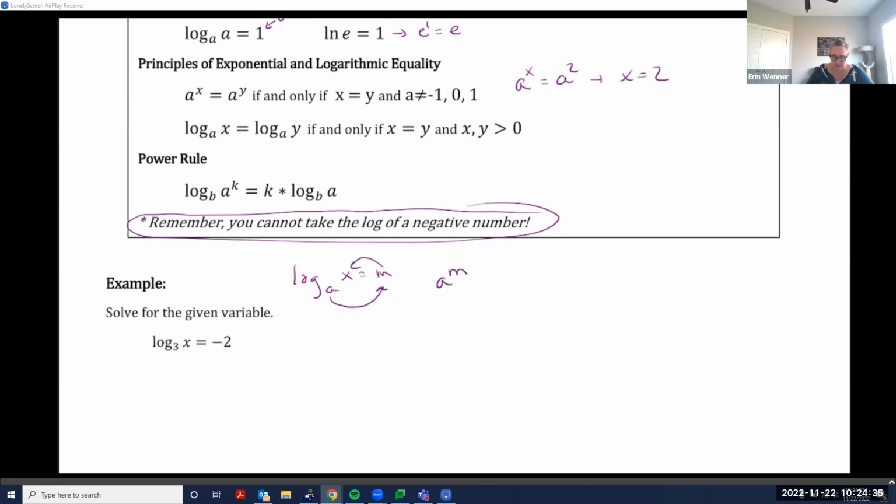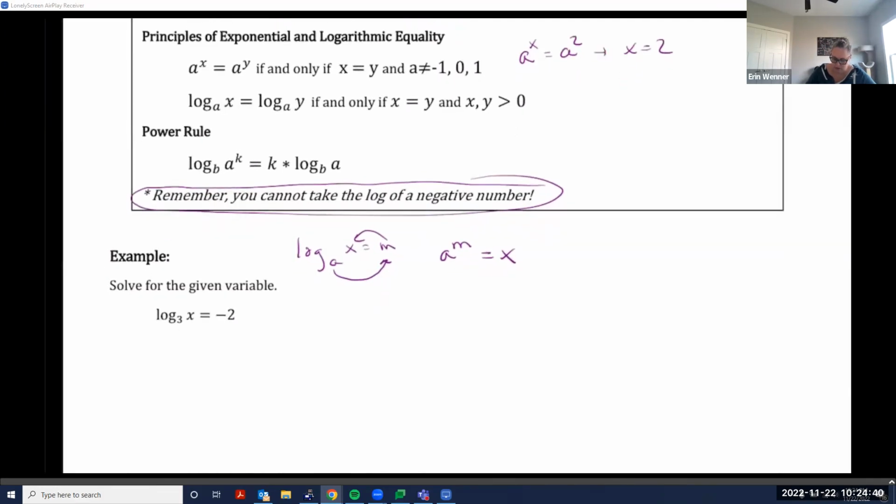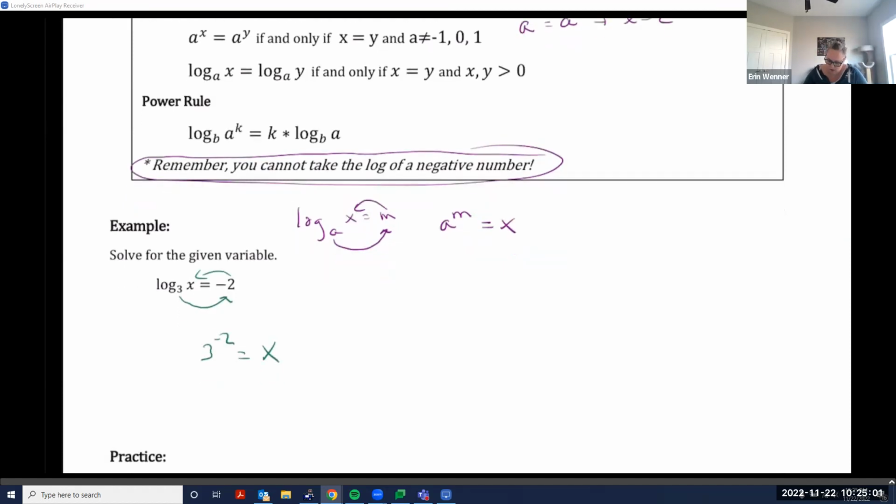So if I apply this to our example, I have log base 3 of x equals -2. If I want to solve for x, I'm going to do 3 to the negative second equals x. So evaluating this, 3 to the negative second, remember negative exponents turn our values into fractions. So this is going to be 1 over 3 squared. And 1 over 3 squared is 1 over 9.